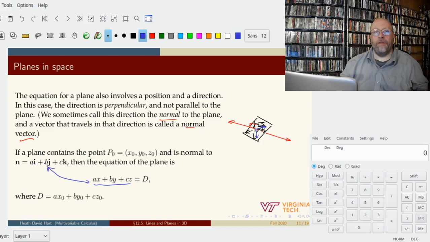It's ABC times x naught, y naught, z naught, like a dot product: a times x naught plus b times y naught plus c times z naught. It's also what you would get if you just plugged in x naught, y naught, and z naught for x, y, and z and calculated it out. This will make a little more sense after we've done an example. But this is a constant, and there's a formula for the constant, but it's an easy formula.